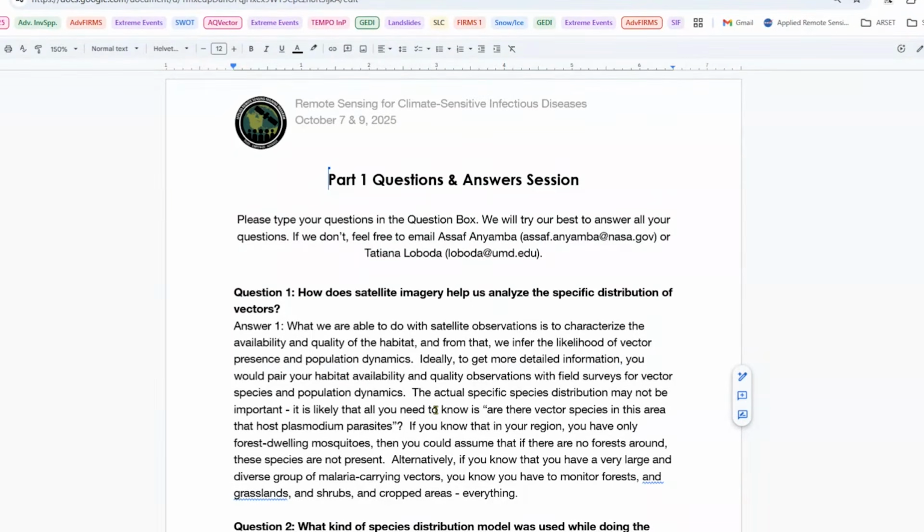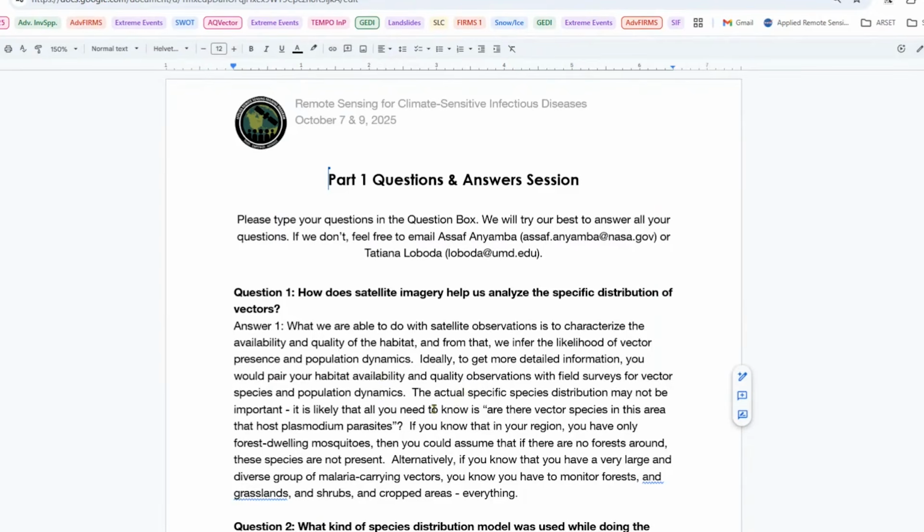So one of the first questions that was asked in the chat session is, how does satellite imagery help us analyze the specific distribution of vectors? Tatiana? Thank you, Asaf.